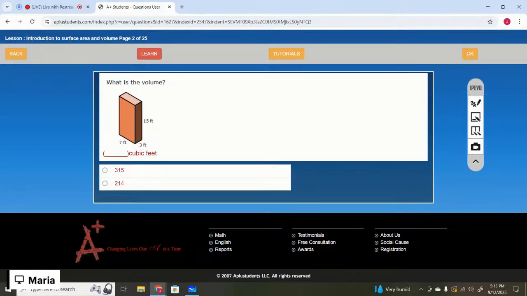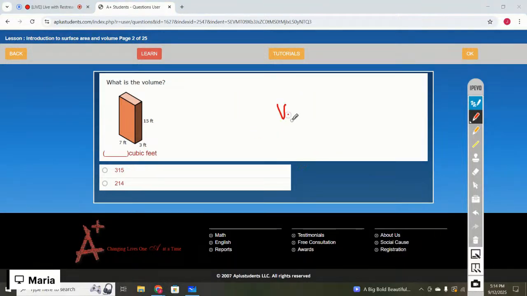What is the volume? That is side times side times side.